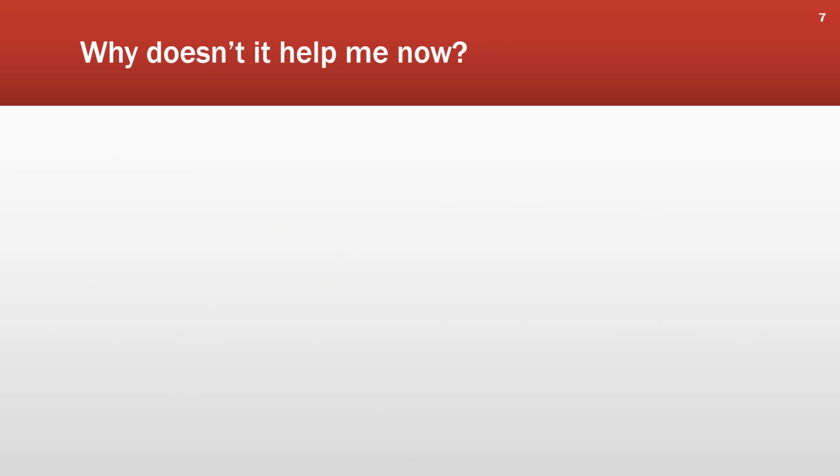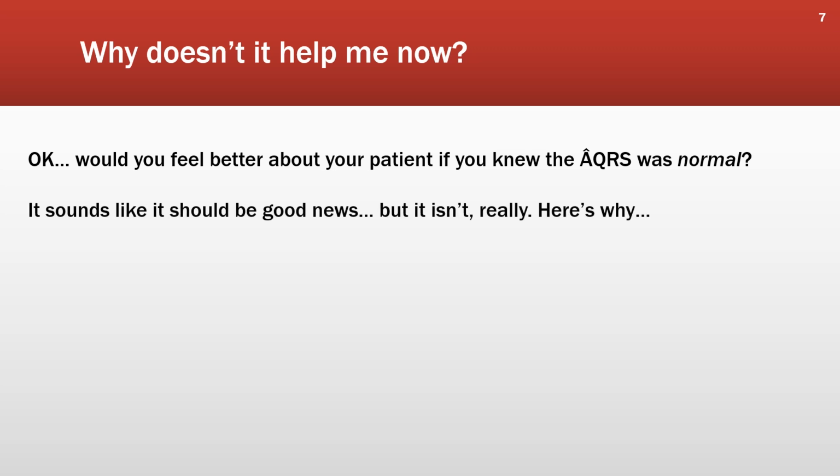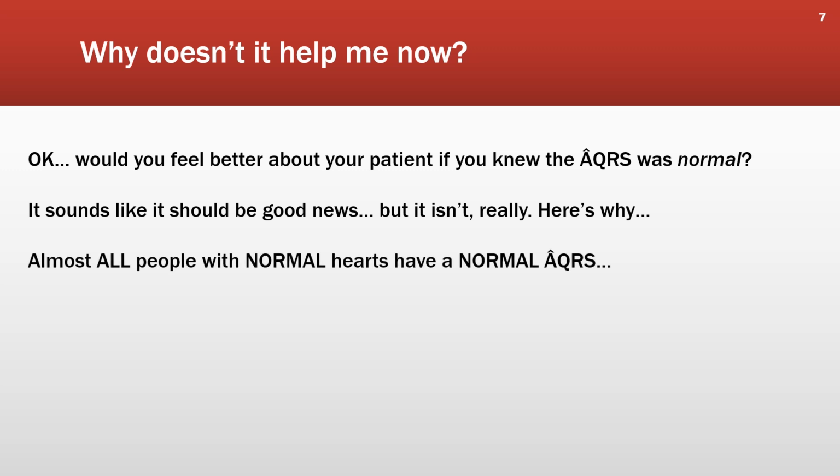Okay, so again, why doesn't the mean QRS axis in the frontal plane help you at this point? Would you feel better about your patient if you knew the mean QRS axis was normal? It sounds like it should be good news, but it isn't really, and here's why. Almost all people with normal hearts have a normal mean QRS axis in the frontal plane.